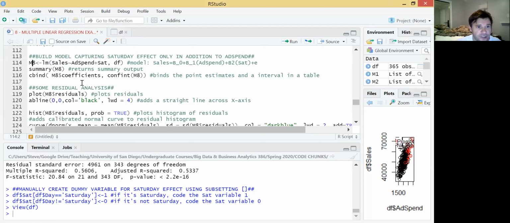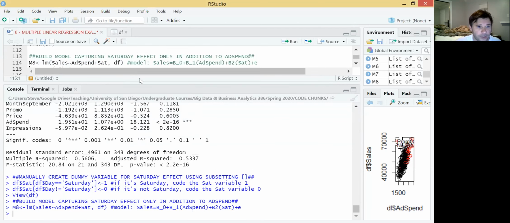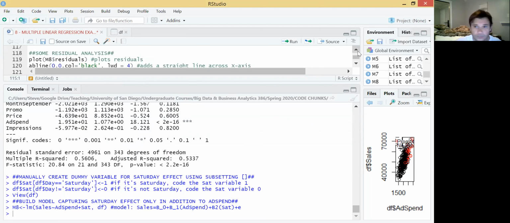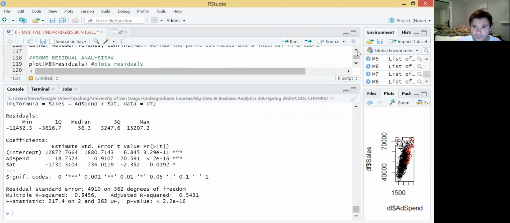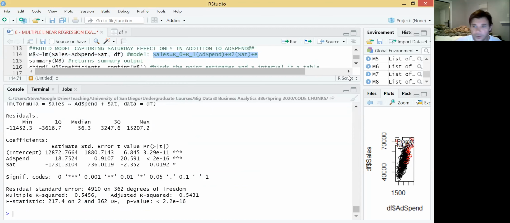Okay, so let's go ahead and check that. And let's look at the summary of our model output here. So here is the model that we built. Here we got sales on the left, beta 0, beta 1, and beta 2 in front of Saturday. And if we look, we can see here that it looks like we got a pretty okay model.